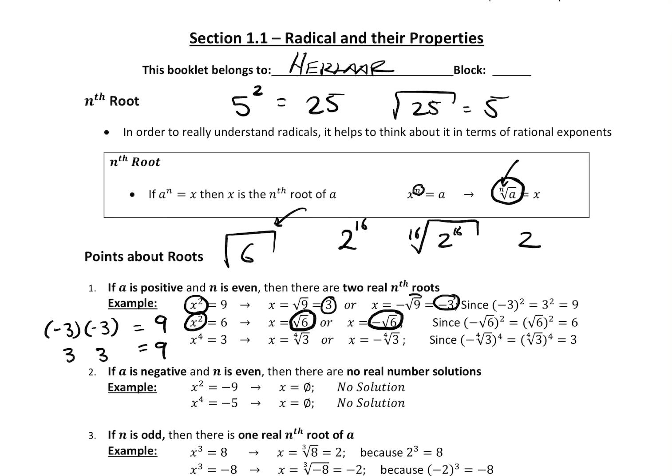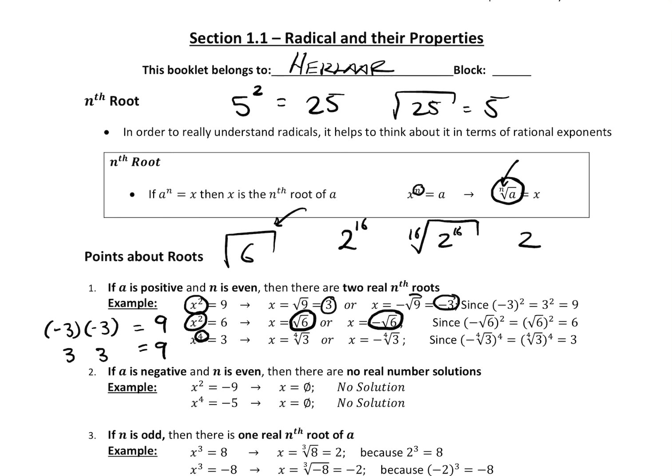If you have an even index, then you have positive and negative answers. That goes back to the first thing we talked about in section 1.0: if you have a negative number multiplied by itself an even number of times, the answer is always positive.